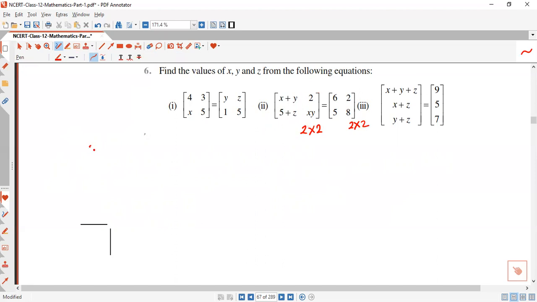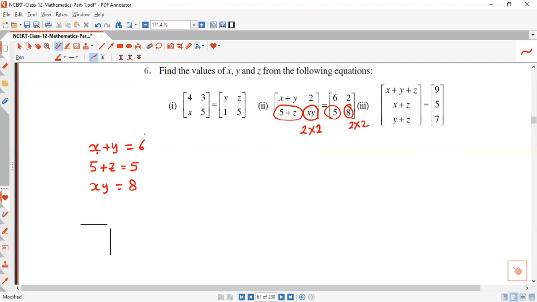So x plus y equal to 6, 5 plus z equal to 5, and xy equal to 8, the corresponding elements. Because the matrices are equal, their corresponding elements are also equal.